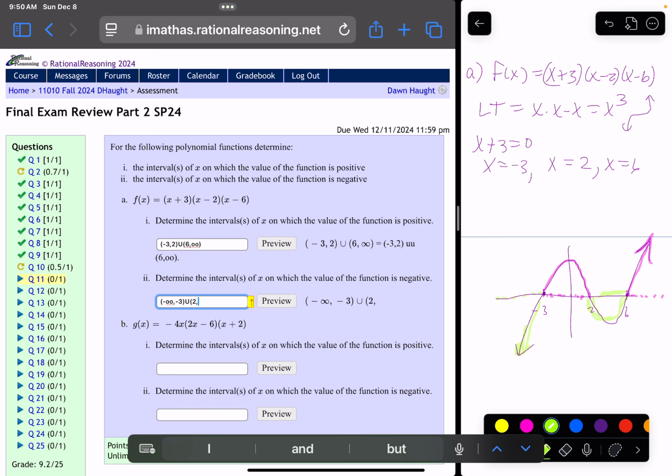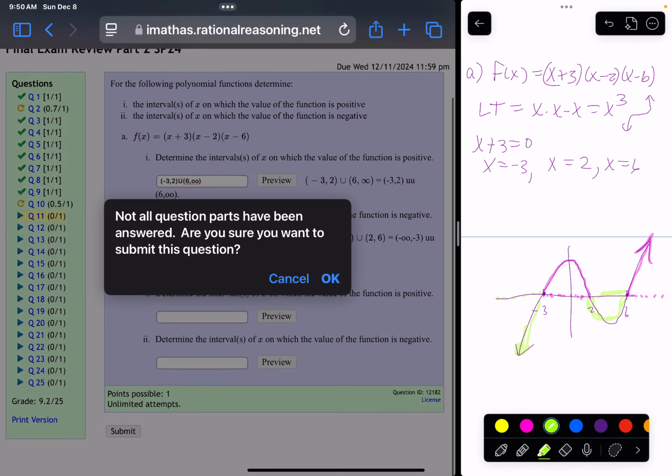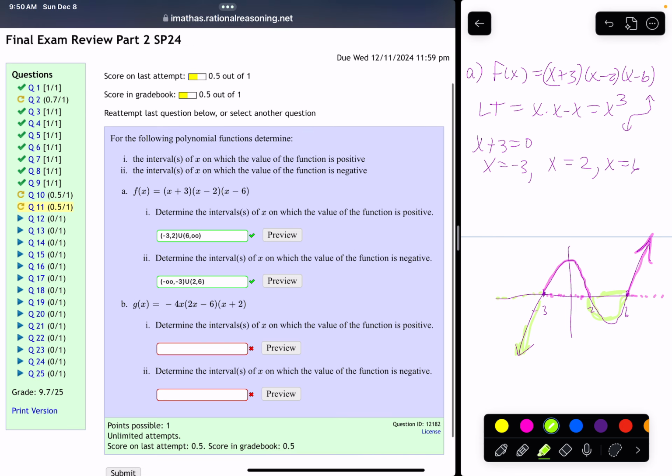Because remember, on what x values will the function be above the x-axis? Positive. On what x values will the function be below the x-axis? Negative. That's what they mean. And so you can finish B by yourself, same thinking. Make sure it's in factored form. Draw a picture of the graph. If there's a bounce, make sure there's a bounce.